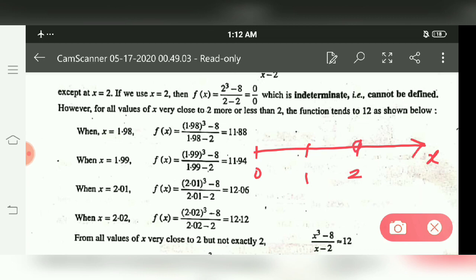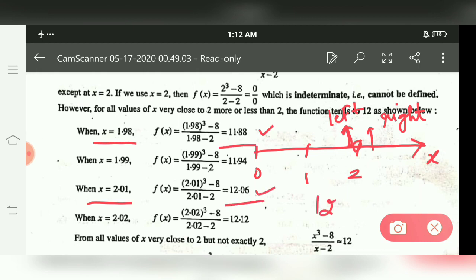But if we take a value very close to 2, on the left hand side the value is less than 2, and on the right hand side the value is more than 2. So we take two values, x equals 1.98 and x equals 2.01. What we observe after substituting these values is that we get two results very close to 12. For two other values, less and more, we again have a result very close to 12.